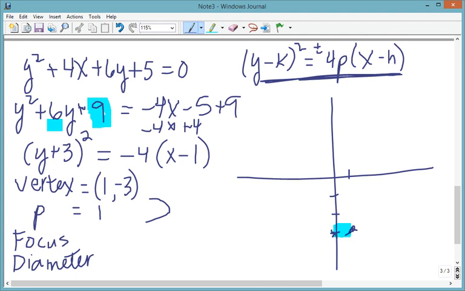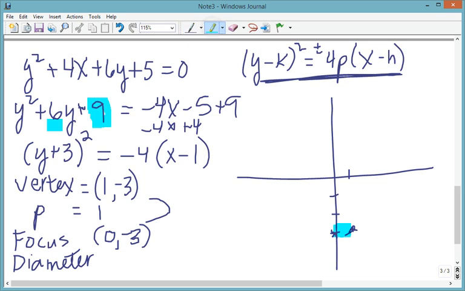So this time, that line of symmetry that goes through the parabola is horizontal. So the y value is going to be the same in the focus as in the vertex, and the x value is going to have moved over to the left 1. So that will now put us at 0, but it's still at -3.